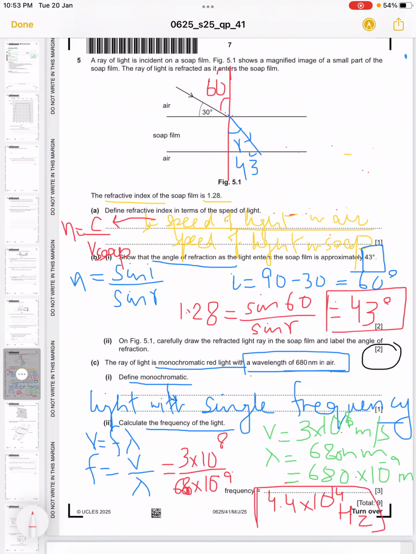This is the right answer. And again, this question contains 3 marks. The first one is to give the correct formula for the frequency, then the substitution, then the velocity, and then the lambda conversion from nanometers to meters.